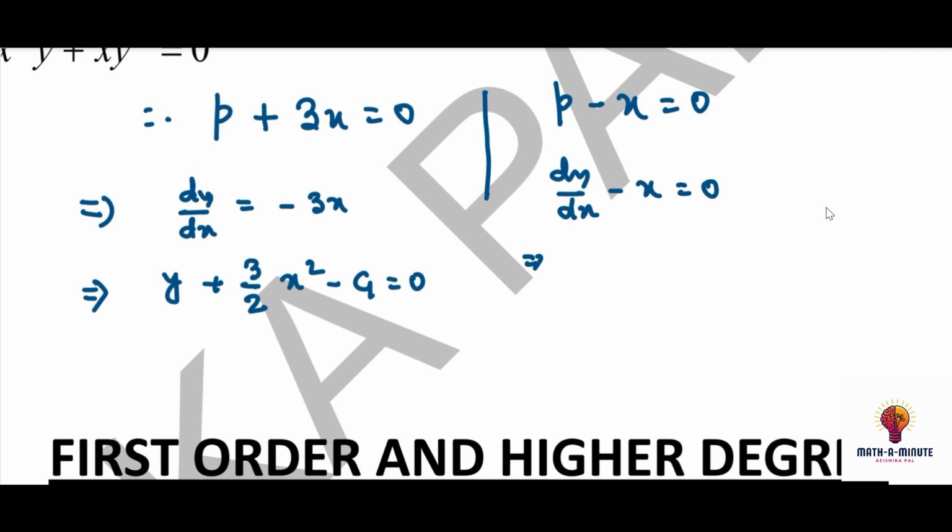So it will be y minus x square by 2 minus c2 equals to 0.